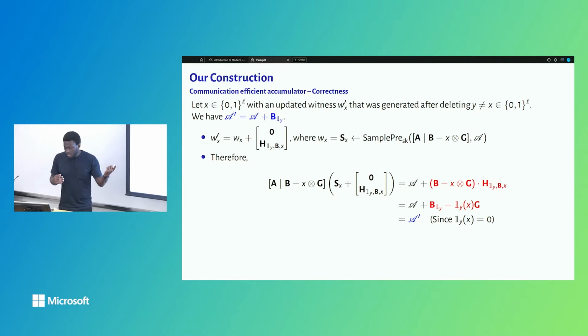So at the end, all you get is A plus B indicator of Y, which represents this new accumulator value. So, any questions here?